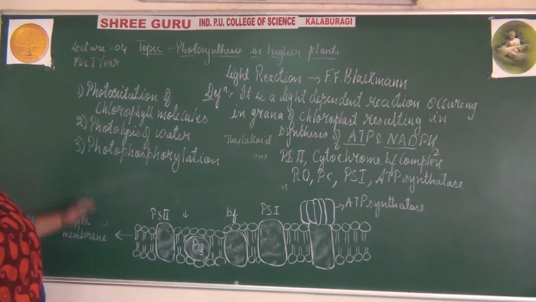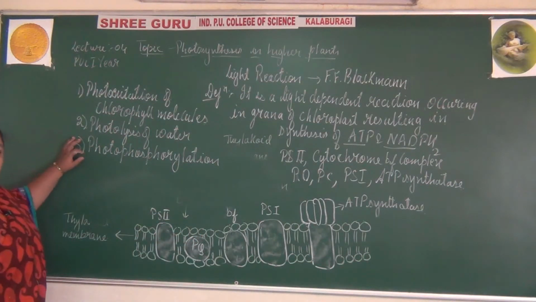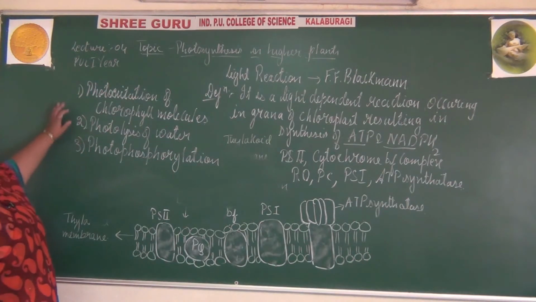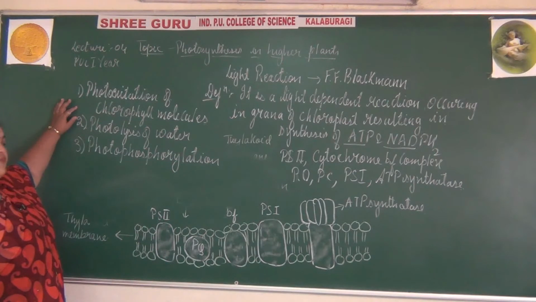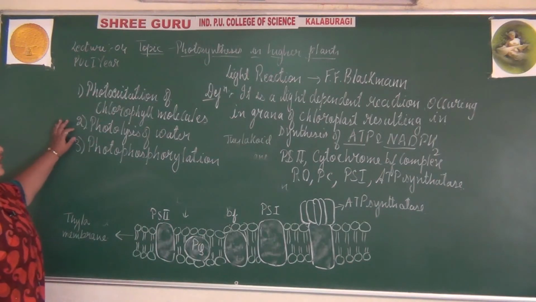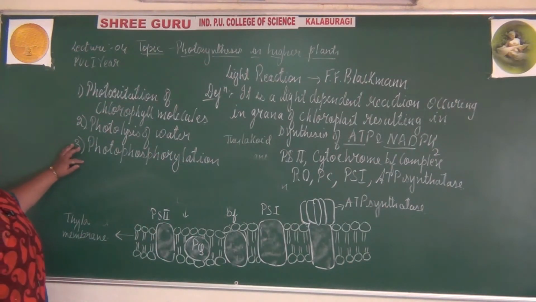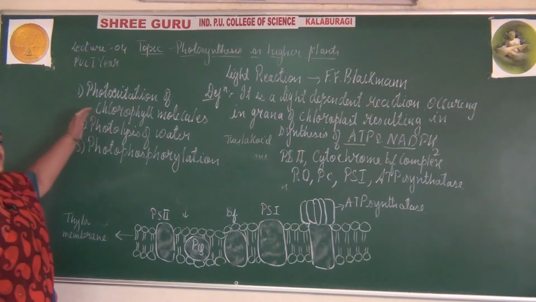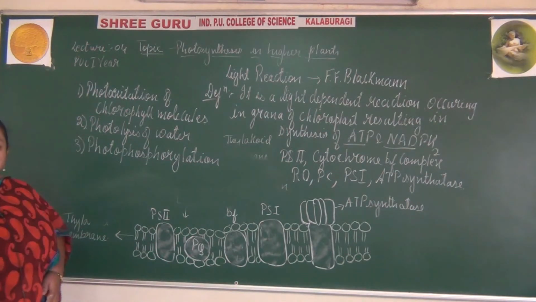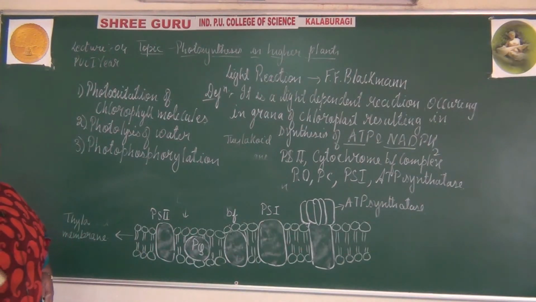There are three main basic processes involved in the light reaction: photoexcitation of chlorophyll molecules, photolysis of water and photophosphorylation. We will try to understand the basic process, then we will go to the main part of the process of photosynthesis.